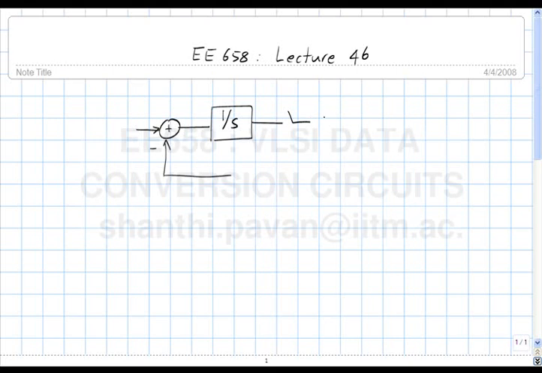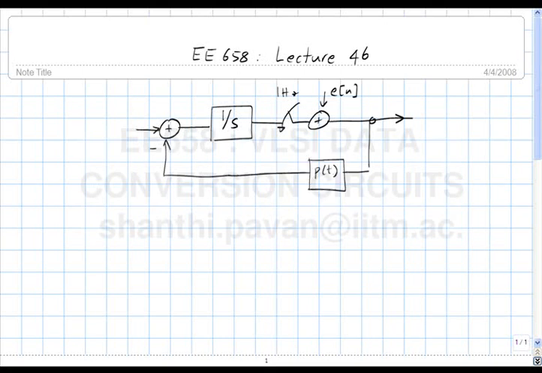In fact, nothing is lost if we assume that the sampling rate Fs is 1 hertz, and the signal bandwidth of interest is 1 by 2 OSR hertz.